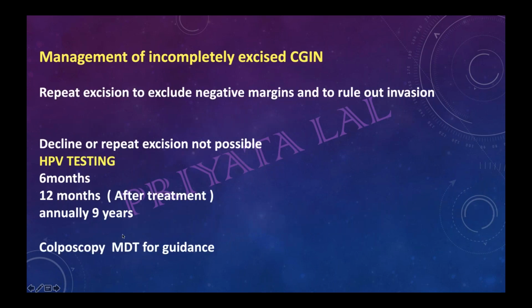Now this is very important. If the patient has come with incompletely excised CGIN, in that situation you have to do repeat excision, because we are worried about these glands. We are afraid because there could be skip lesions, and they can turn into cancer fast.